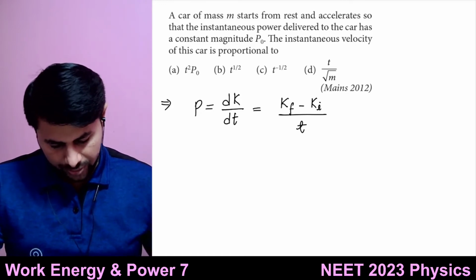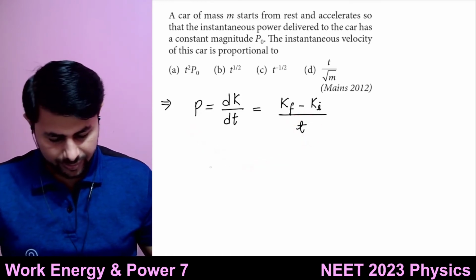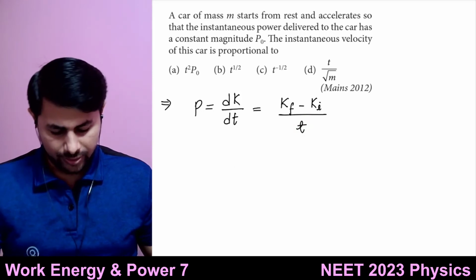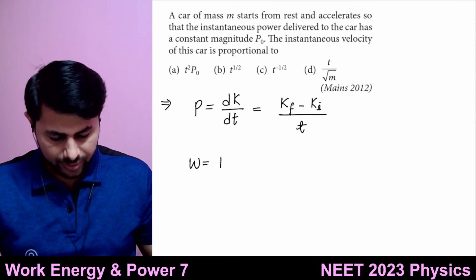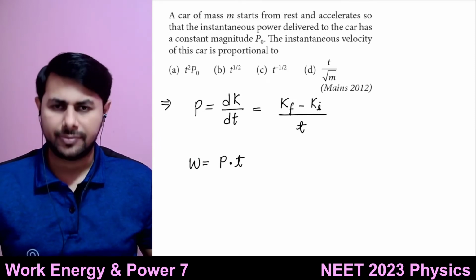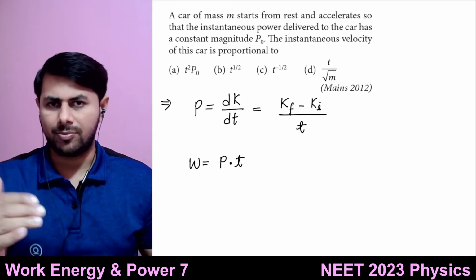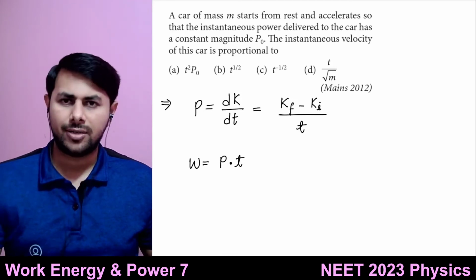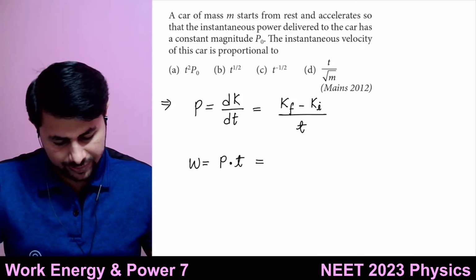So you can move this time to the other side. Work done is power multiplied by time, because power is constant. So P equals W upon T, or W equals P times T, which is equal to the change in kinetic energy.